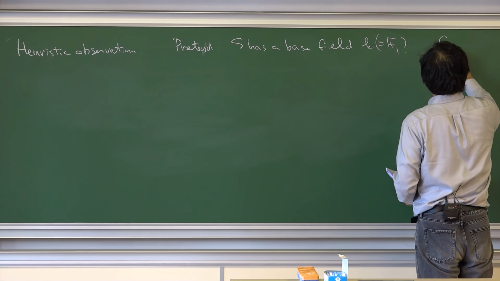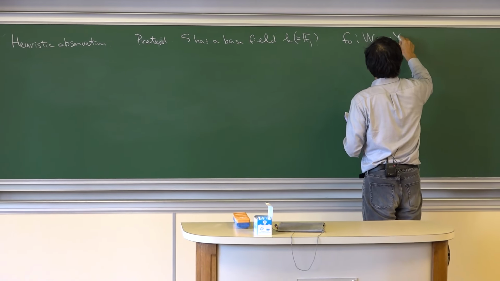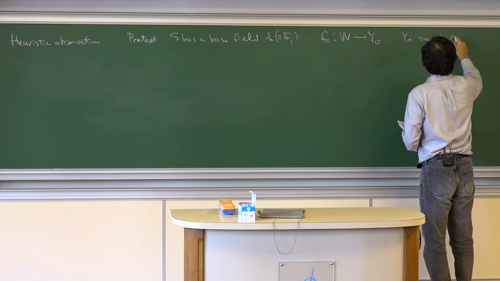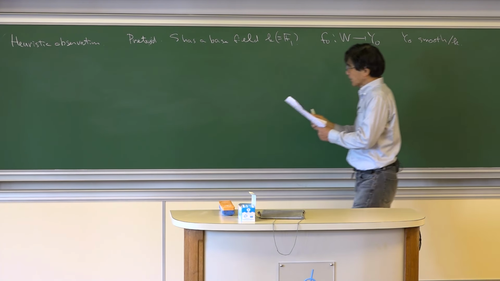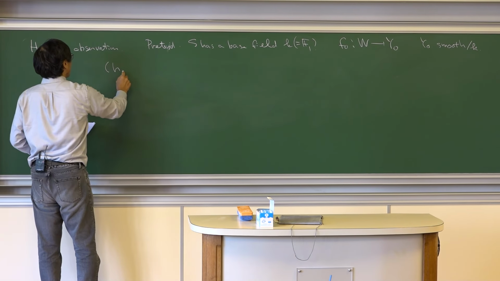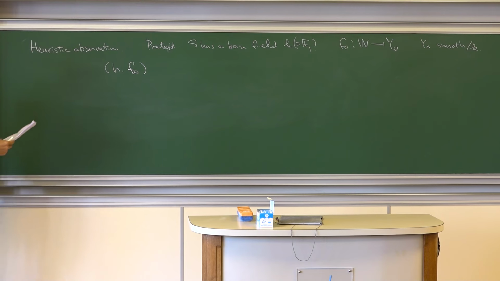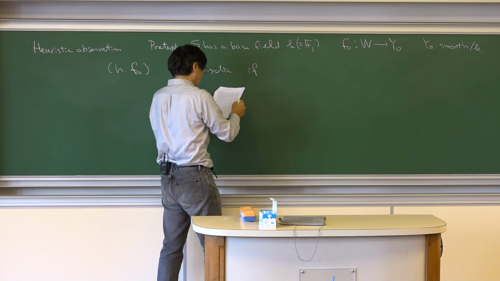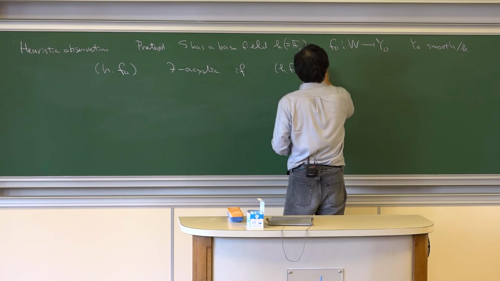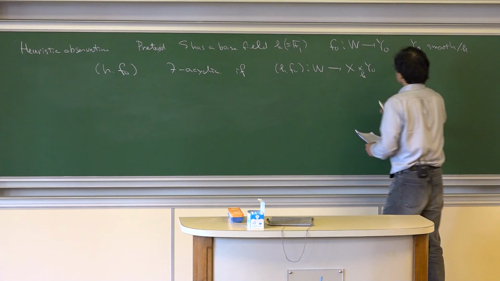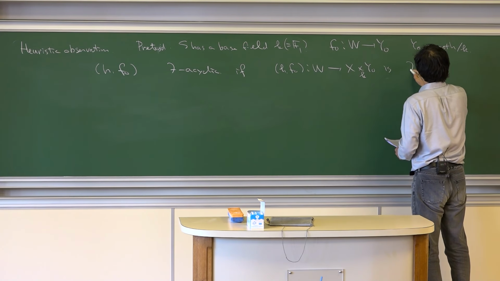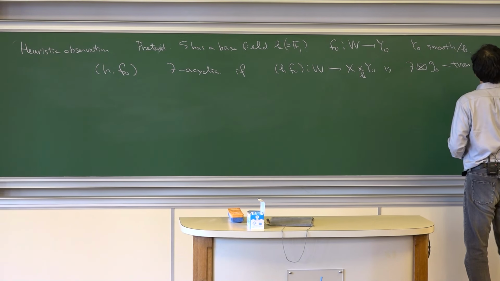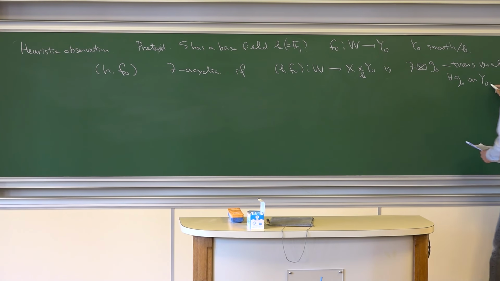And we suppose we have a morphism to a smooth scheme over K. Then we consider this pair, and this will be F acyclic if this product morphism is G0 transversal for any G0 on Y0.